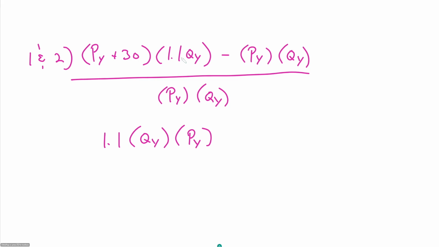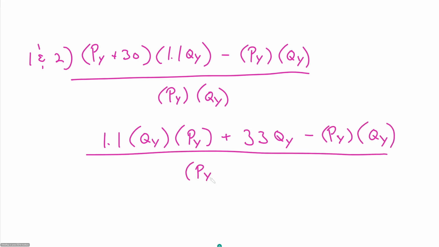And so 30 times 1.1 is what, 33? Minus QY QY all over PY QY.